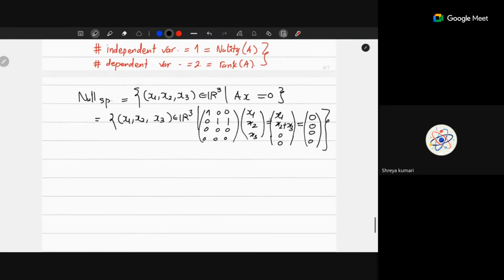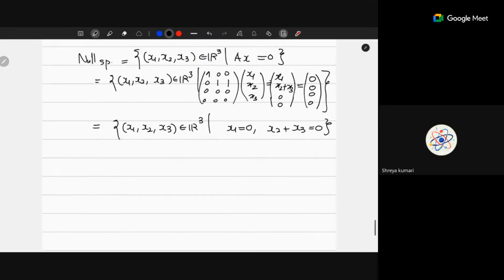In particular, we get two equations: x1, x2, x3 in R3 with x1 equal to 0 and x2 plus x3 is equal to 0 as well. Right now, you can write x1 equal to 0, so that's what you can do right away.